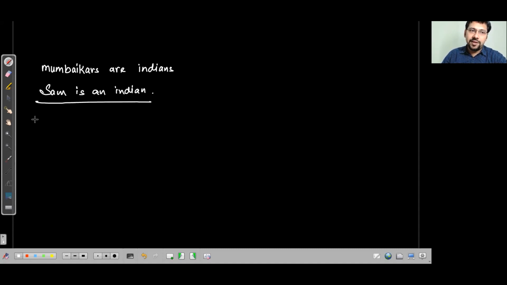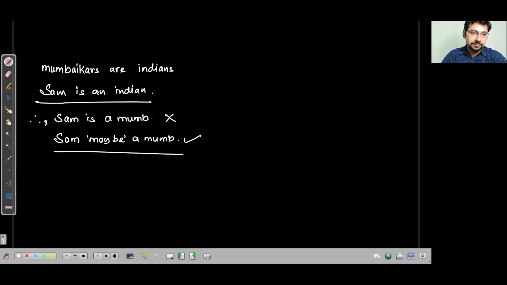In this case, if I conclude that therefore Sam is a Mumbaikar, that will be a wrong claim. And if I claim Sam may be a Mumbaikar, it can be a right claim.